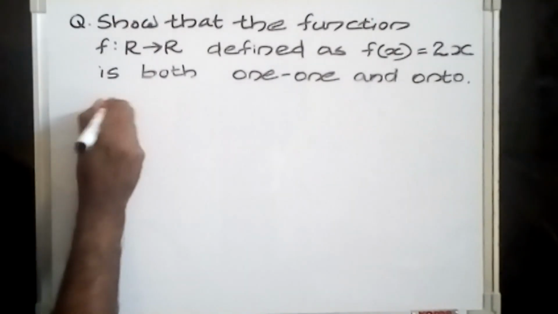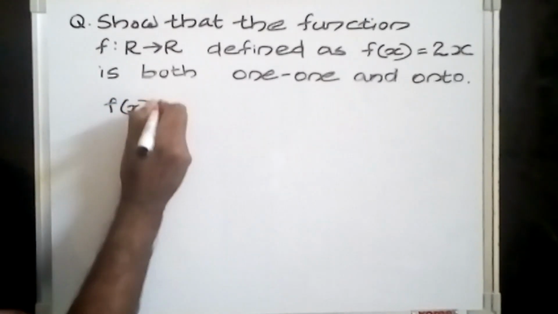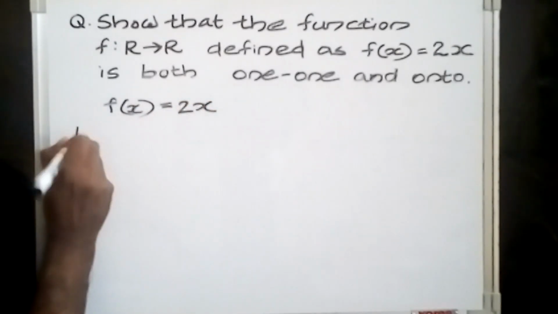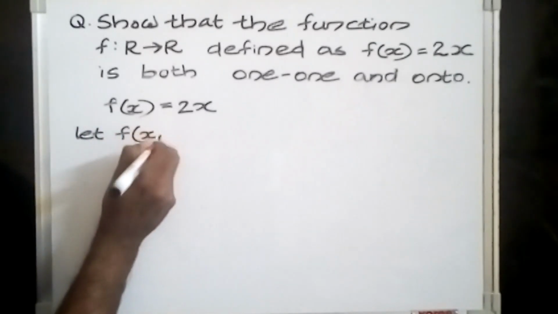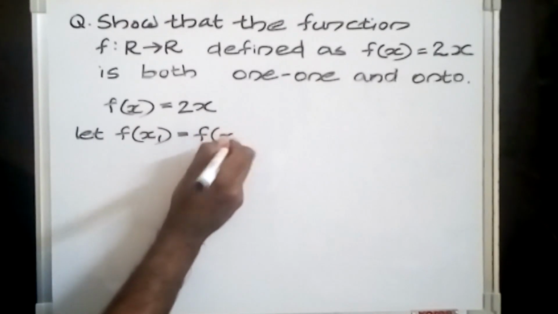We have the solution. We have f of x equal to 2x. Let f of x1 equal to f of x2.